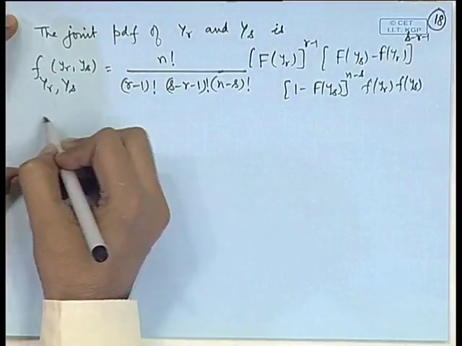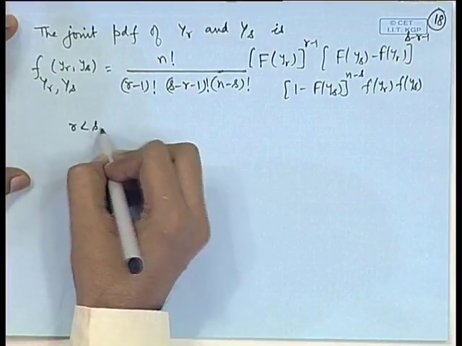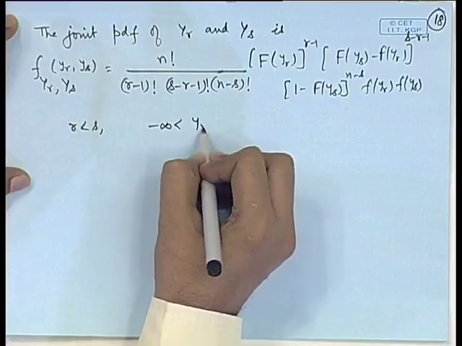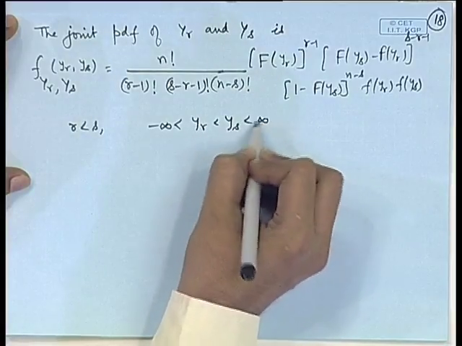Here I am taking r to be less than s. So, y r will be less than y s.